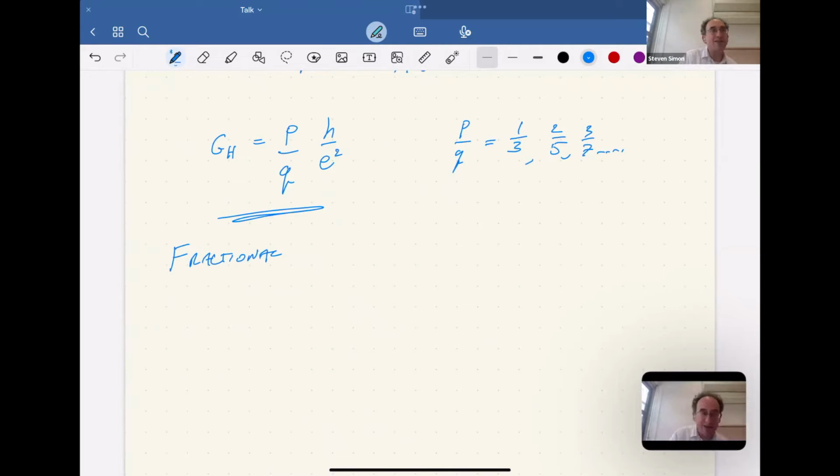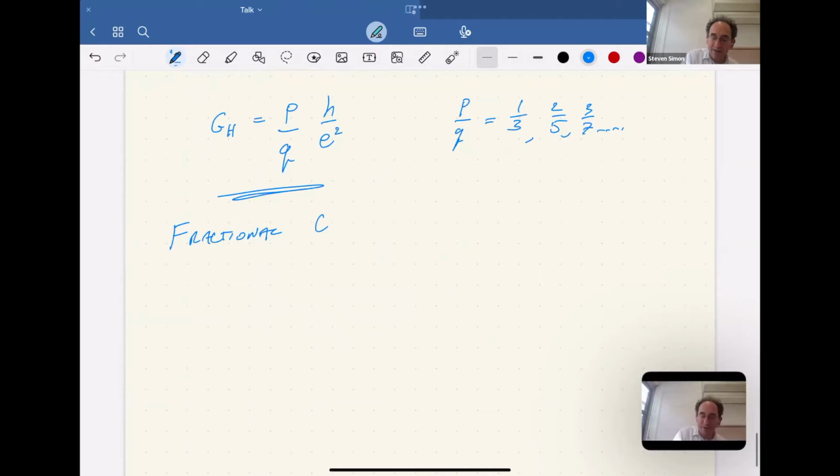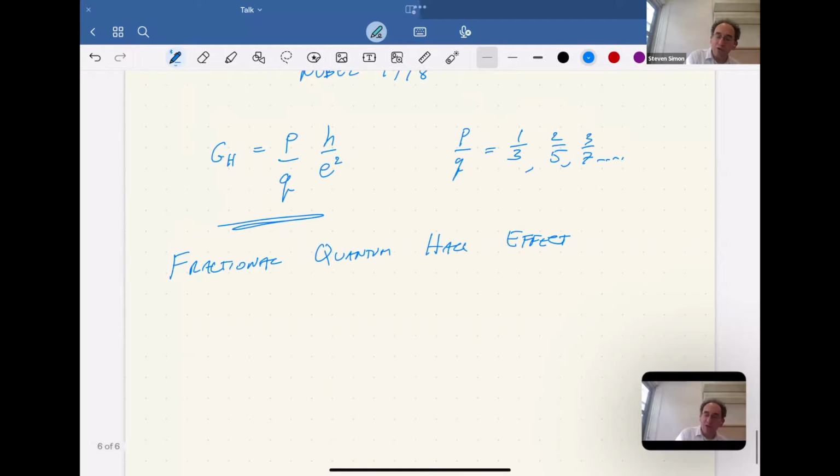All right, so this effect is known as the fractional quantum Hall effect, as compared to the integer quantum Hall effect. In the case where Q equals 1, we call it the integer quantum Hall effect, IQHE, and Q not equal to 1 is the fractional quantum Hall effect.